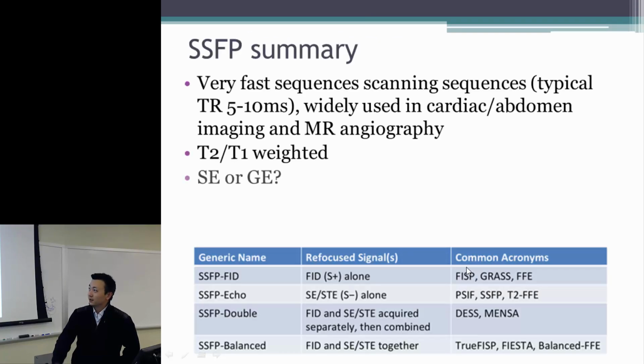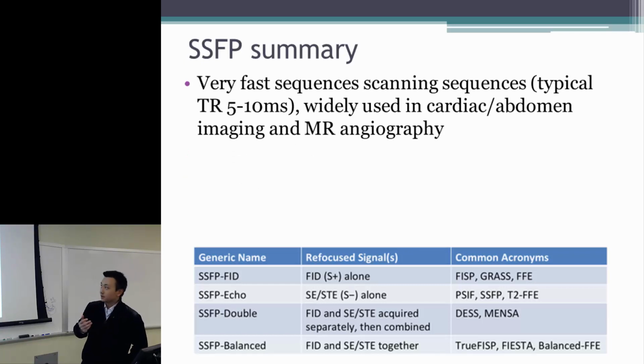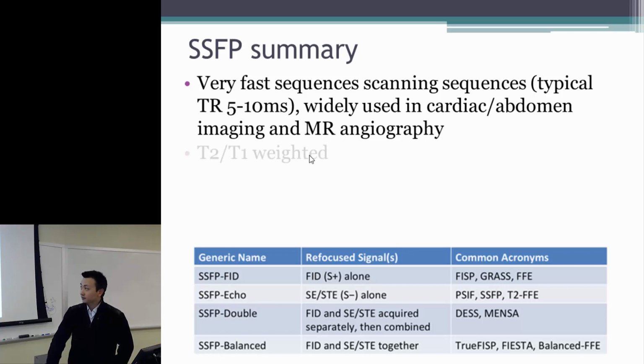All right, a quick summary of SSFP. First of all, it is a very fast scanning sequence. Typically we can use a TR of 5 to 10 milliseconds. It is widely used in cardiac and abdominal imaging because these body parts are always moving: you are breathing and the heart is pulsating. It is also used for MR angiography due to its high T2 over T1 contrast.